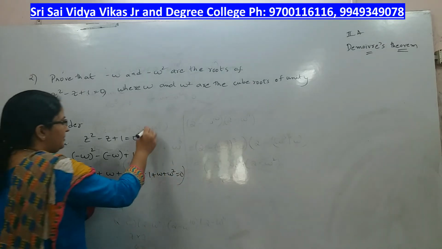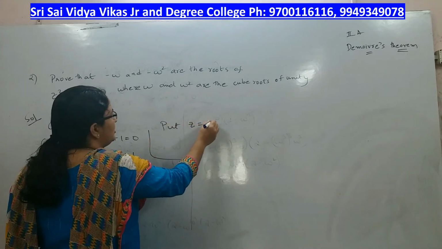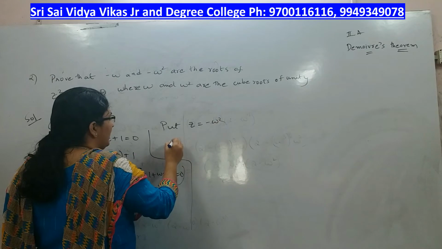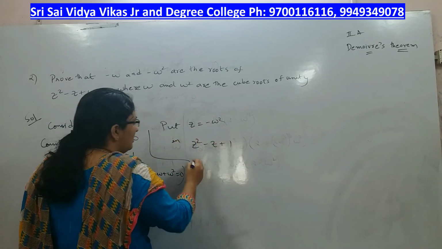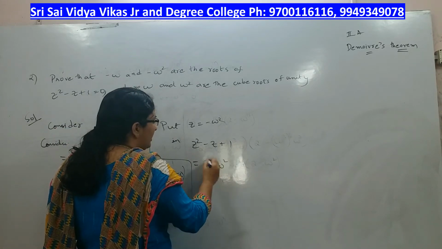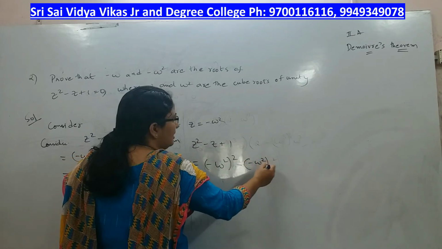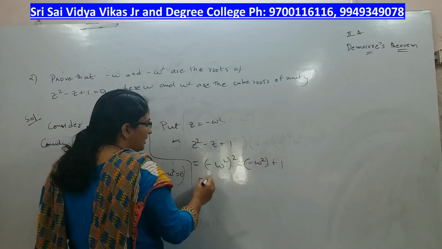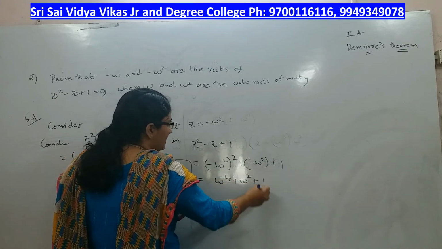Next, put z equal to −ω² in z² − z + 1. So here you have (−ω²)² − (−ω²) + 1. This is ω⁴ + ω² + 1.